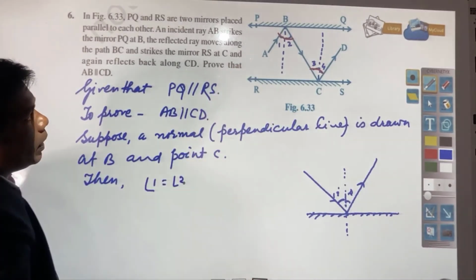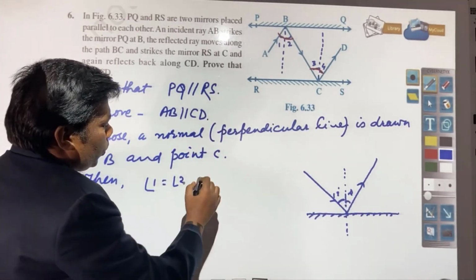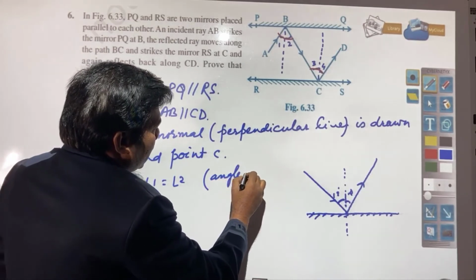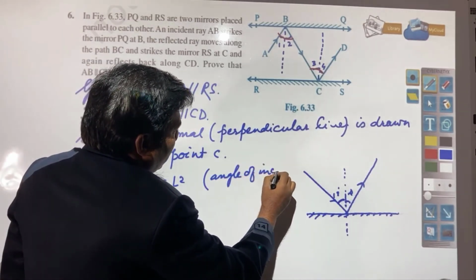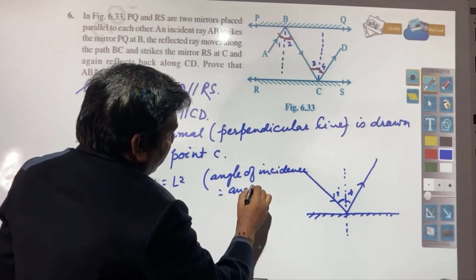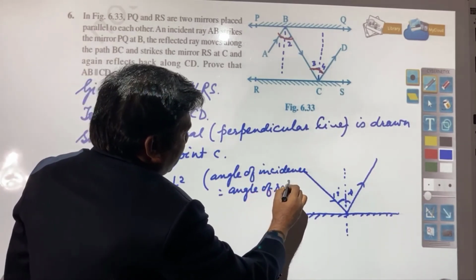It has been given. So angle 1 is equal to angle 2, and what are these? Angle of incidence is equal to angle of reflection.